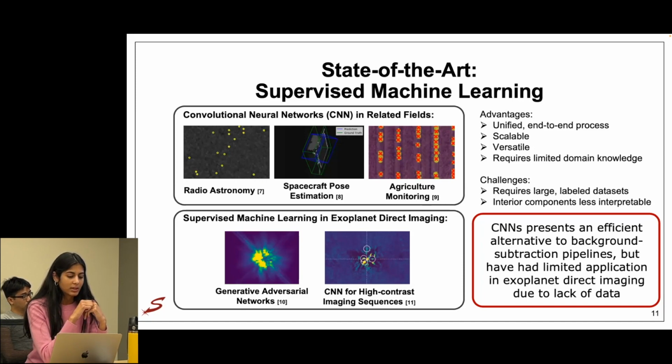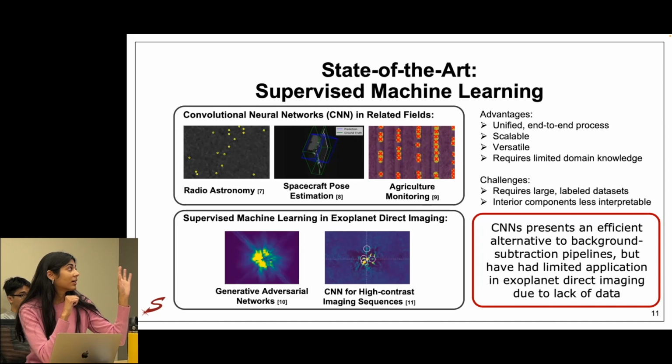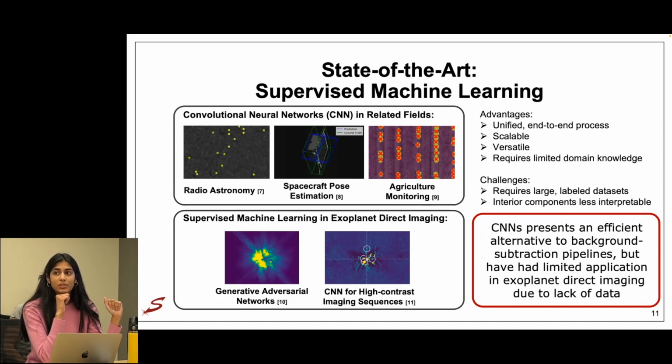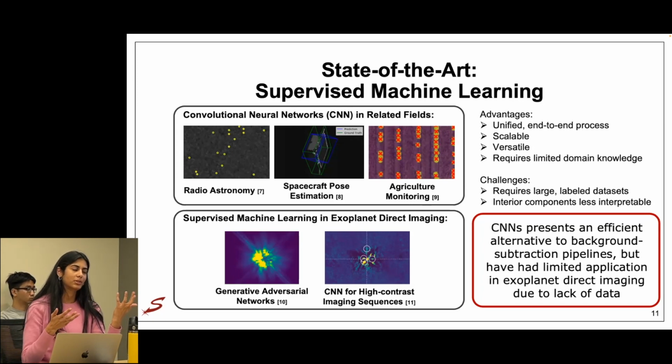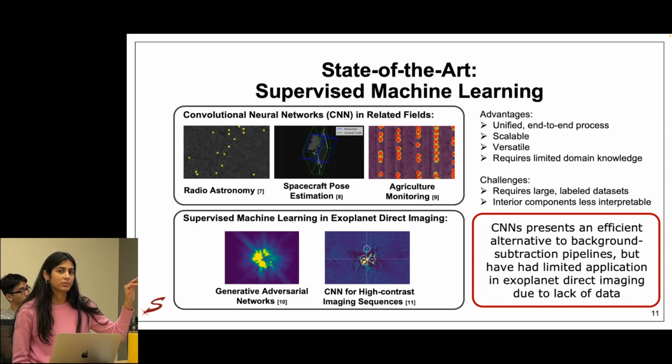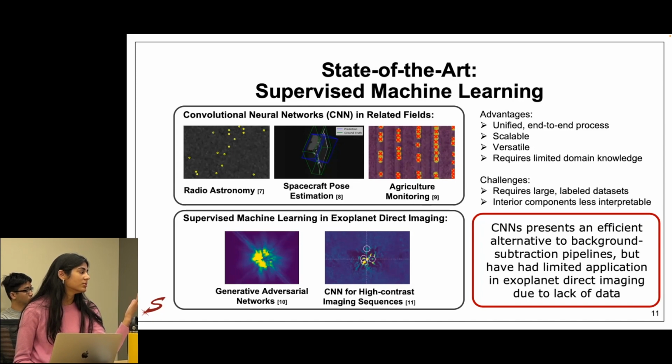using machine learning. In terms of exoplanet detection, supervised machine learning has been very limited due to the lack of data. The two main pieces of literature that have used machine learning for direct imaging: one focused on generative adversarial networks to actually generate more training images, less so on the detection algorithm, and the other used CNNs for high-contrast imaging sequences.